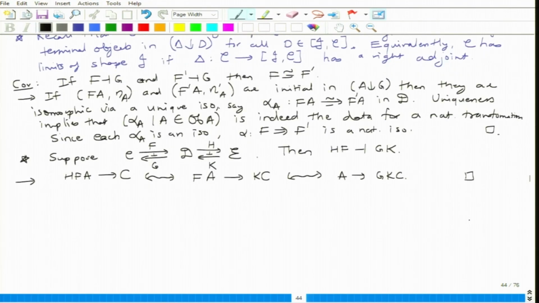Now these two results can be together useful in showing this. Suppose we have a commutative diagram.